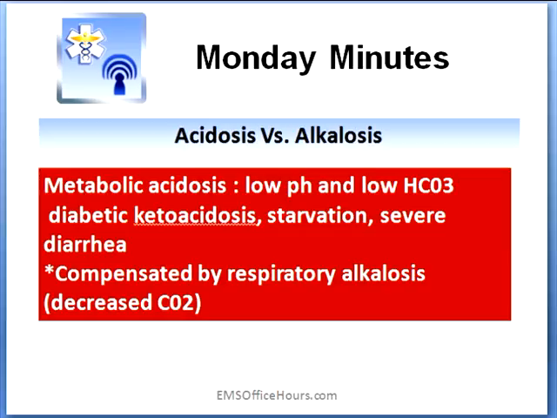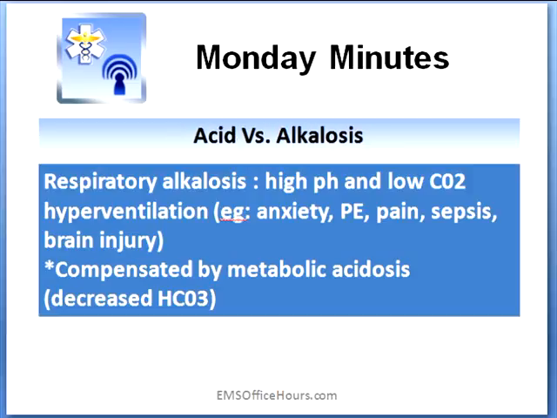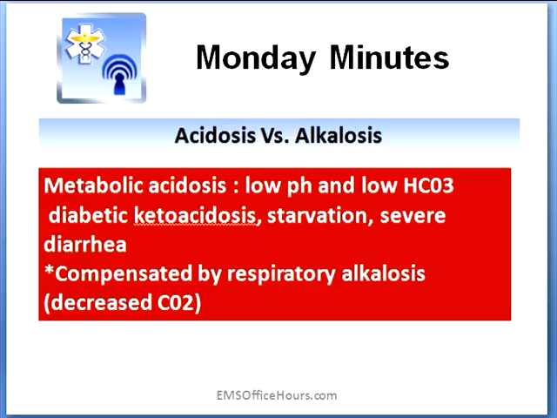And the same thing goes with the metabolic end of it. If they have metabolic acidosis going on, things like diabetic ketoacidosis and severe diarrhea, it's going to be compensated by respiratory alkalosis, or a decrease in the CO2. What we're talking about is that hyperventilation, trying to help blow off those ketones.